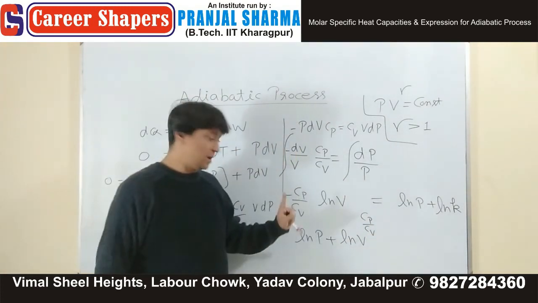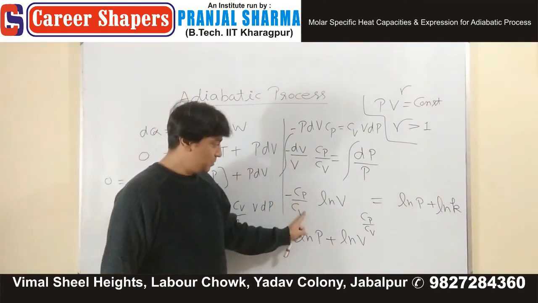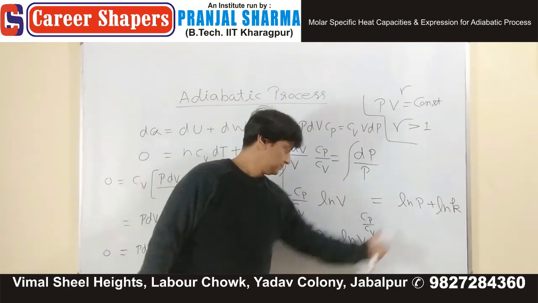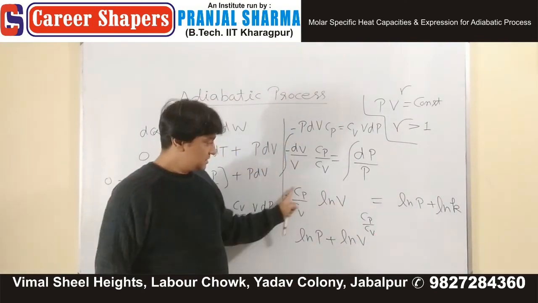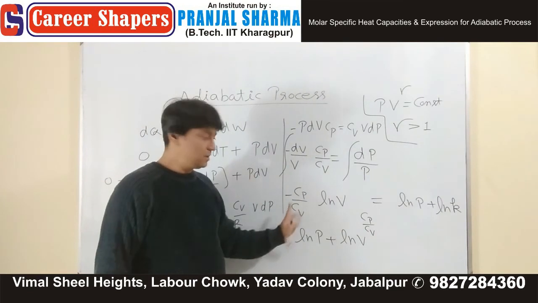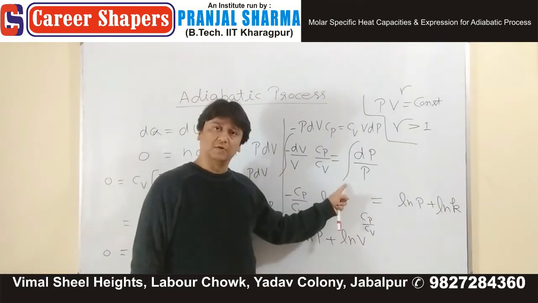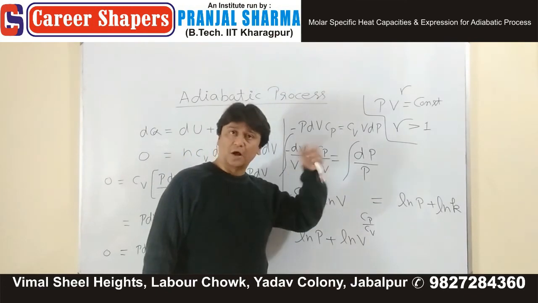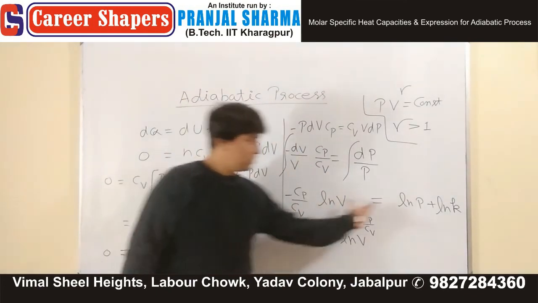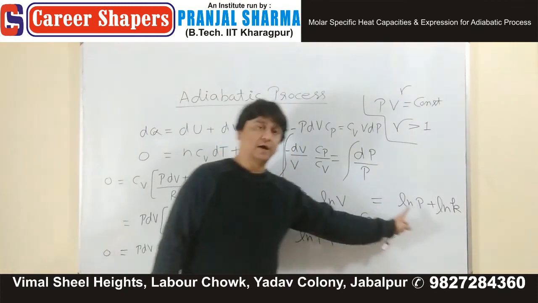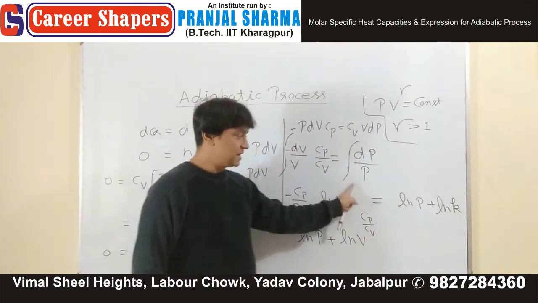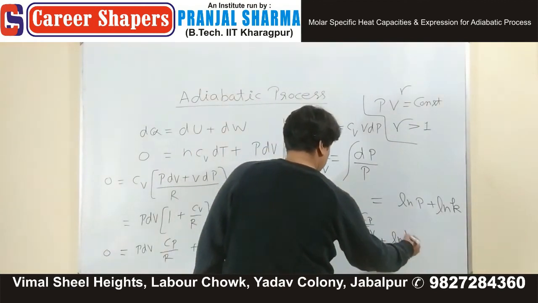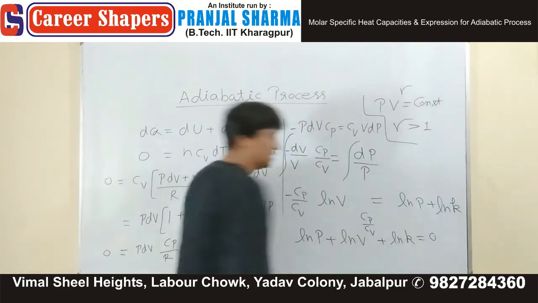Minus Cp upon Cv, shifting this to the other side, it becomes what? Plus. Then Cp upon Cv as a coefficient can be transferred as the power. This is coming from log. What is the whole derivation making us do? A revision of log. The way of shifting this to the other side: minus went there, plus Cp upon Cv as the power, plus log k is what? 0.